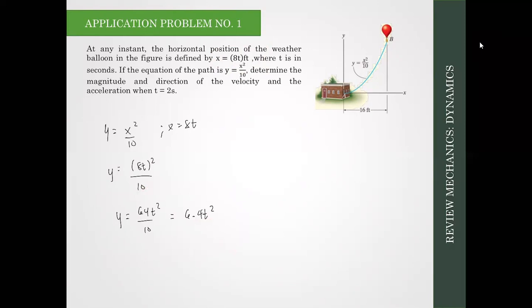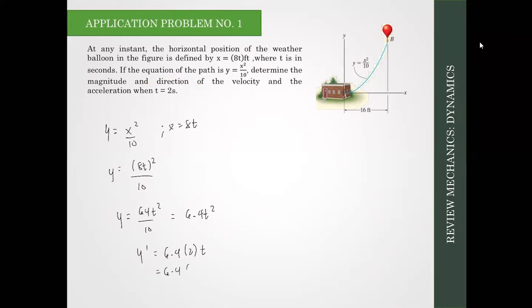So, deriving this one, first derivative natin will be 6.4 times 2 times t, no? So, ano yung t natin? Given naman na t is 2 seconds. So, ibig sabihin, this will be 6.4 times 2 times 2. So, pag kinalculate natin, 6.4 times 2 times 2, that is 25.6.